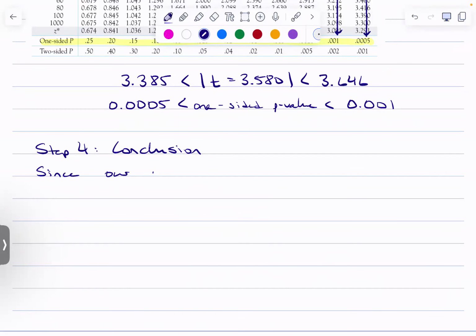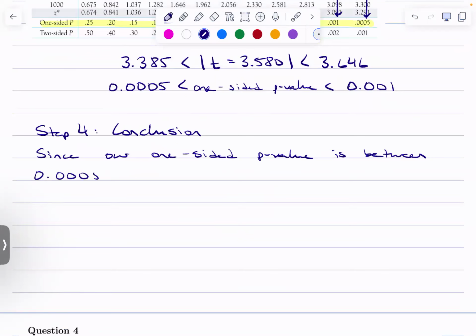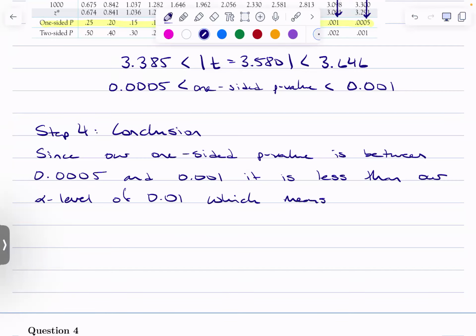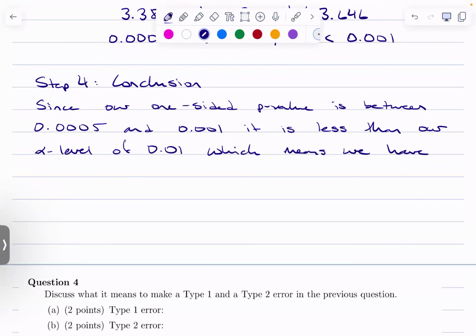Since our one-sided p-value is between 0.0005 and 0.001, it is less than our alpha level of 0.01, which means we have enough evidence to reject H naught.